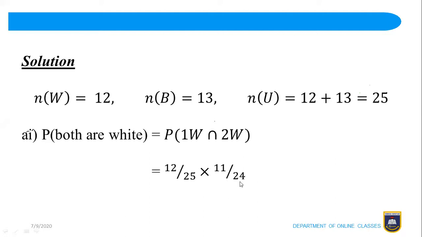The probability is 11 over 24, since we are left with 11 white balls. If you simplify this, we have 11 on 50. So this is the solution to the first part of the question. Jabado Grace, do you understand?